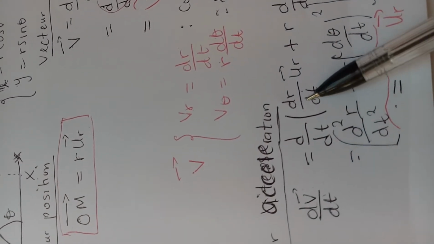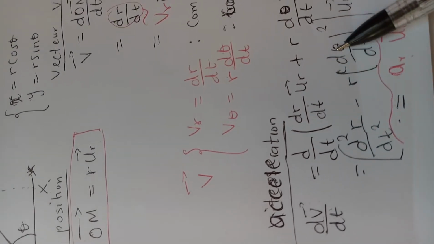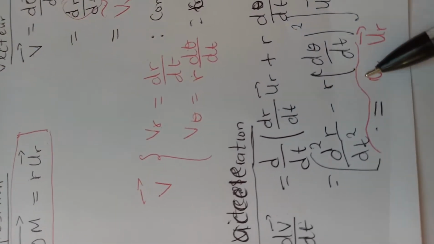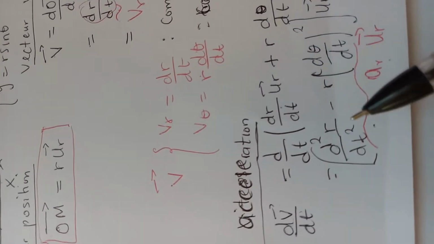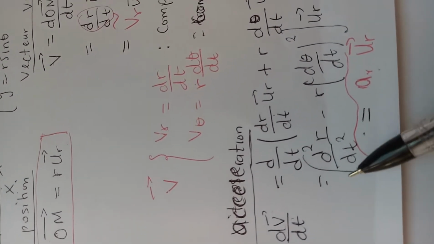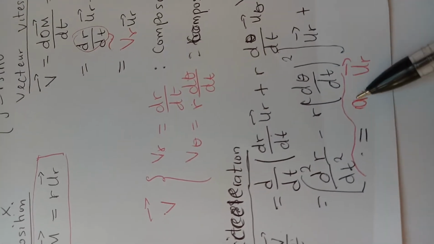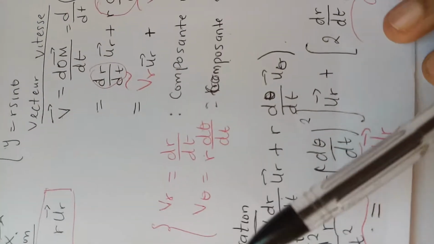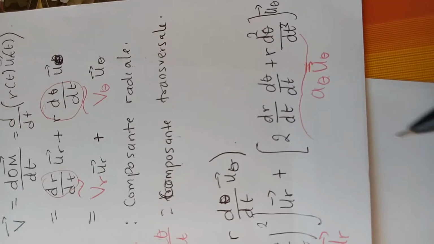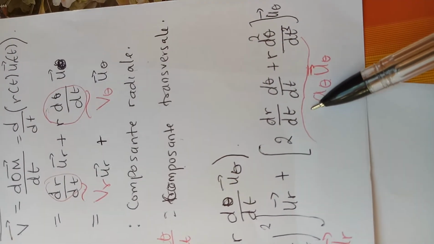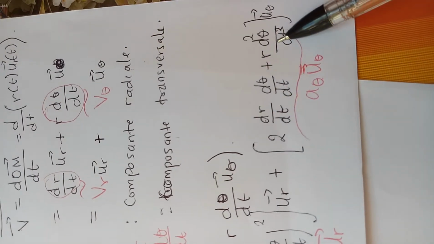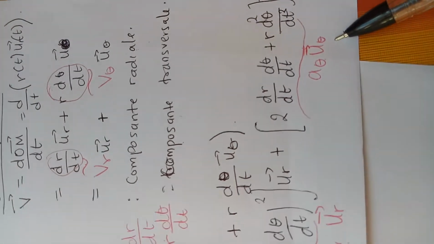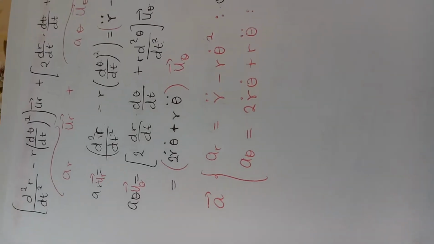After breaking down this expression, you arrive at this. And we called it ar ur, and then this whole expression a theta u theta vector.